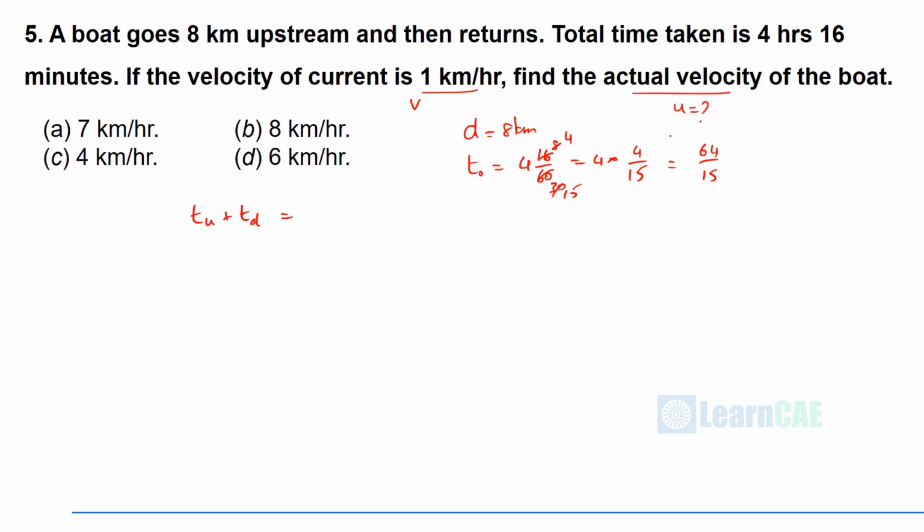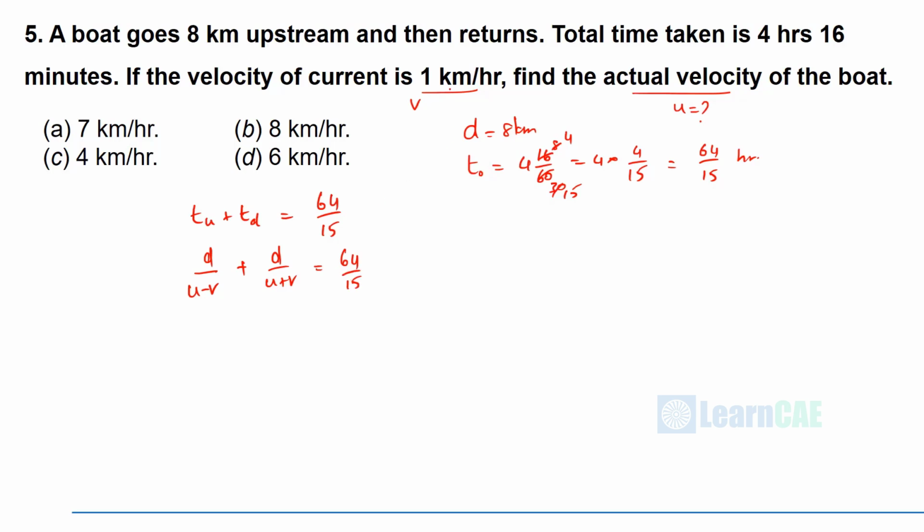The time taken is 64 by 15 hours. Time taken upstream is distance travelled by U minus V, plus time taken downstream is distance travelled by U plus V, which is equal to 64 by 15.